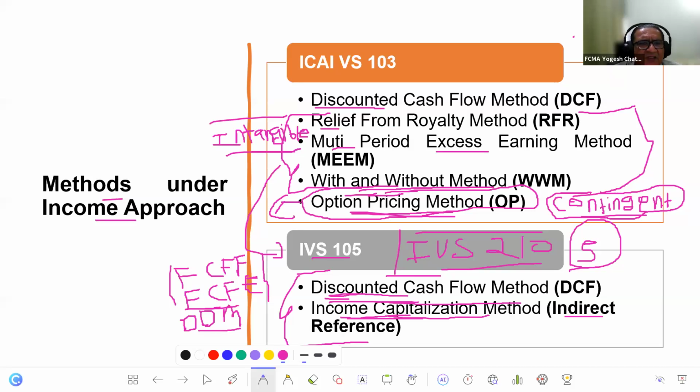Mainly this is used for valuation of option contracts, but we can make use of the option pricing method in valuation of equity also, because equity is also contingent in nature. We can also make use of it for valuation of the entire enterprise.